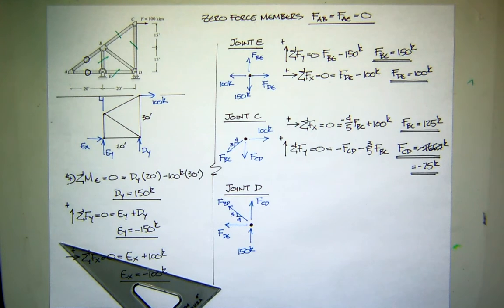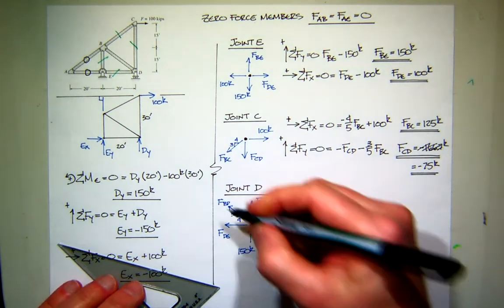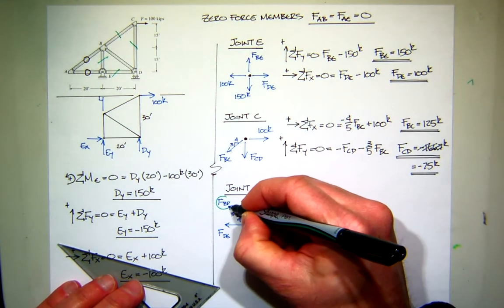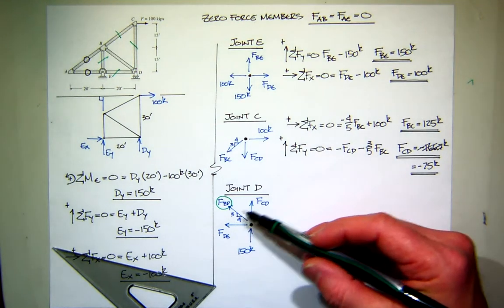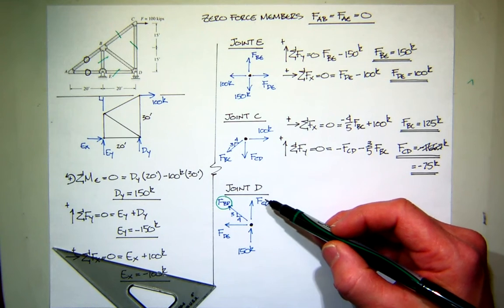Now, the only one I need is this guy right here. Is there a quick way to get him with the least effort? And does it incorporate any previous answers? Yes. No. No matter what you do, if you sum forces in the x direction, you have to include this one that you've already computed.